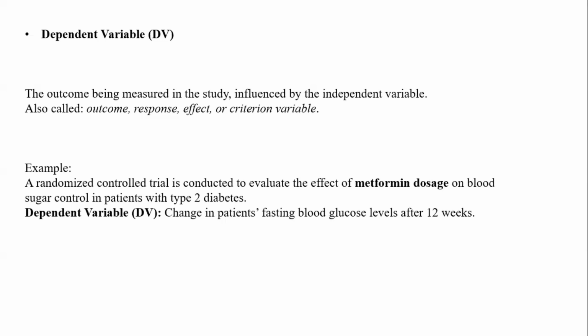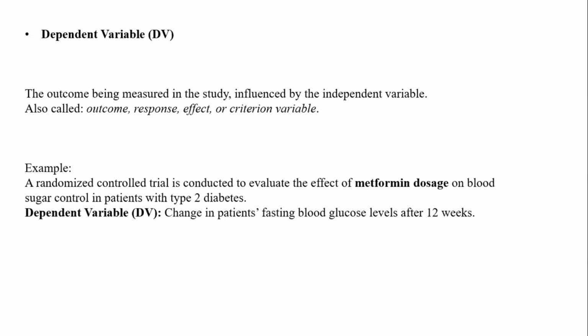When the patient visits the clinic after being subjected to the metformin dosage, blood sugar levels are tested after a certain number of days, a week, a month, etc. The blood sugar records fall under the dependent variable.